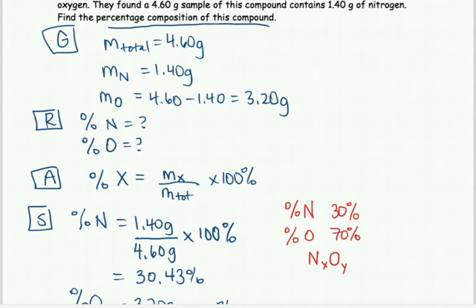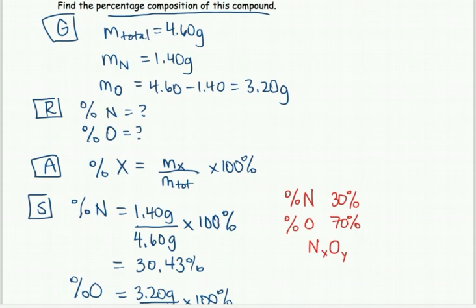So what you want to do is change them to moles, okay? Because remember, moles is like counting in dozens. It's a counter. So if we can convert everything to the same type of units of moles, you can compare them, okay? You can't compare them right now if it's masses. So once you get it to moles, then you're going to use this ratio of 30 to 70, okay, in order to build our formula.